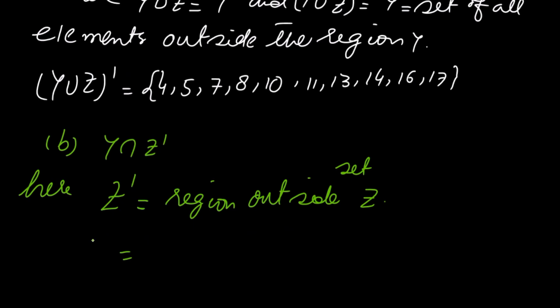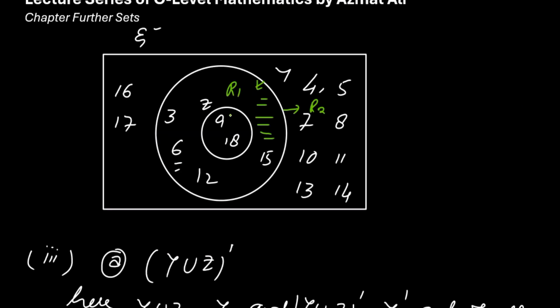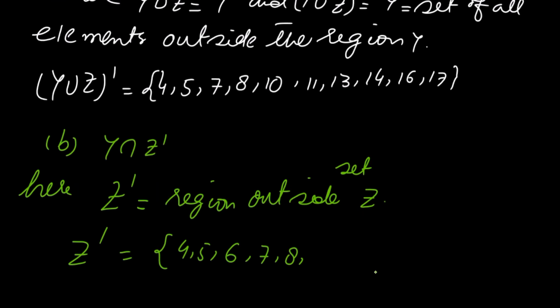So if you want to write all elements of Z complement, we will write here 4, 5, 6, 7, 8. We will not write just these two elements, 9 and 18, 10, 11, 12, 13, 14, 15, 16, 17.